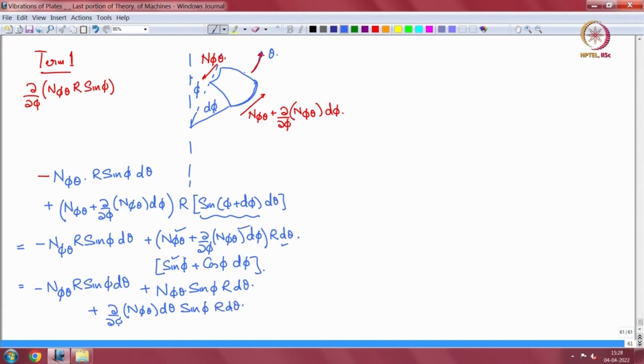Okay, this and this, then last is this with this, plus n phi theta r d theta cos phi d phi. Okay, I am deliberately ignoring the product of these two. I have three small differentials here, so it is much smaller than the others where they have only two differentials.